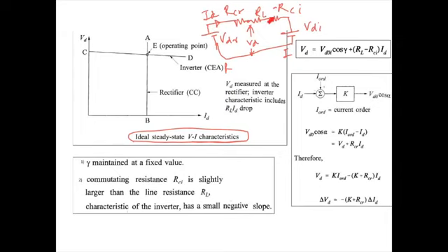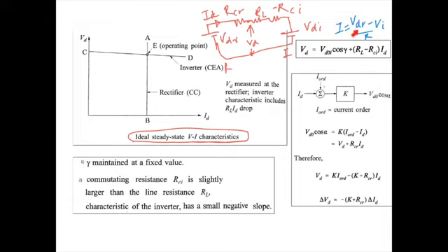This constant value is generally 1 per unit, and this current Id, which is held constant, is calculated by considering the rating of SCRs.